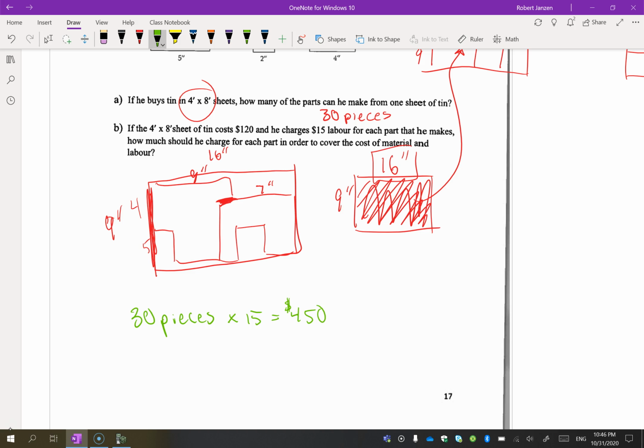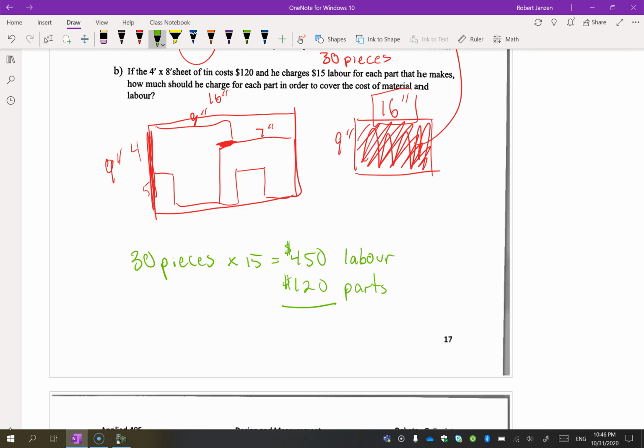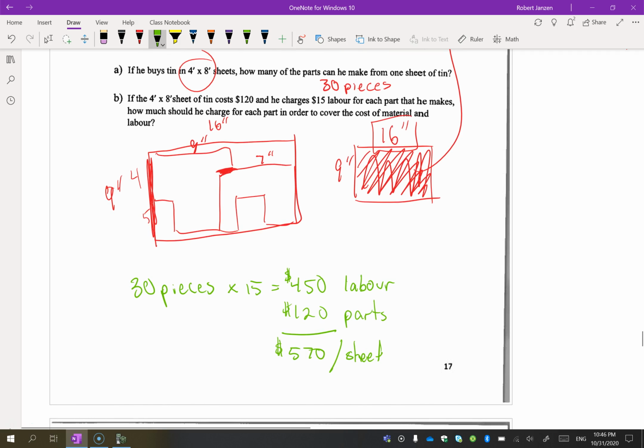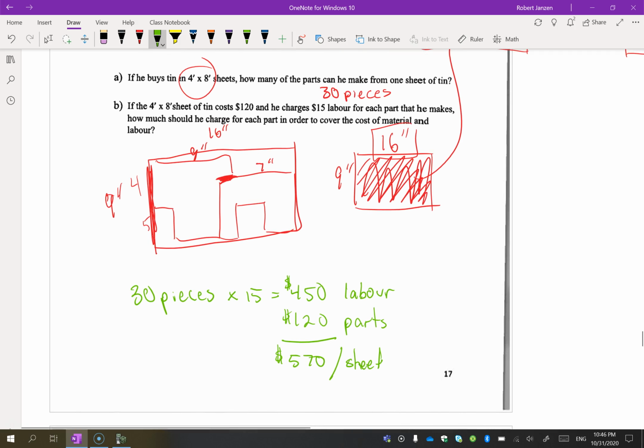Okay, so this 450 is the labor that he would charge, and then he's got $120 of parts. I guess this doesn't include tools or whatever else he has, but he should charge $570 per sheet to make these pieces. Okay?